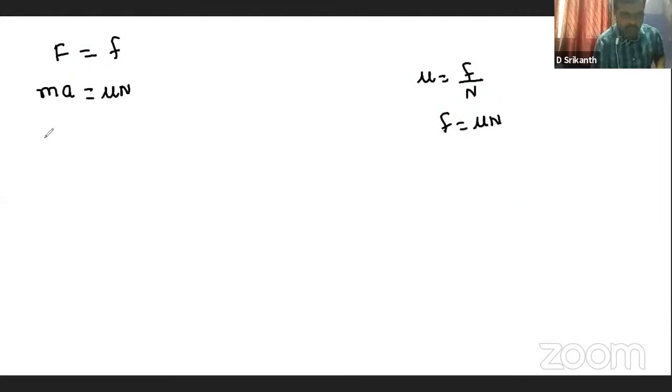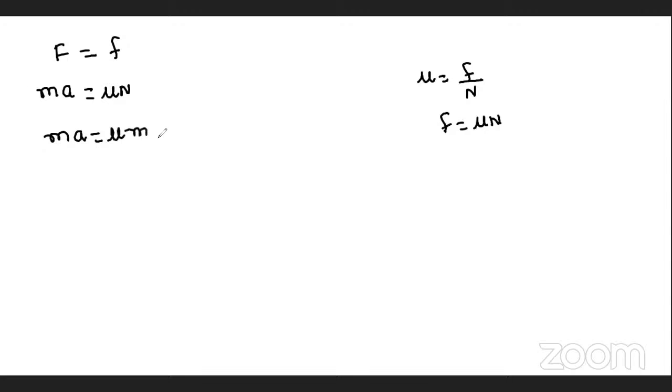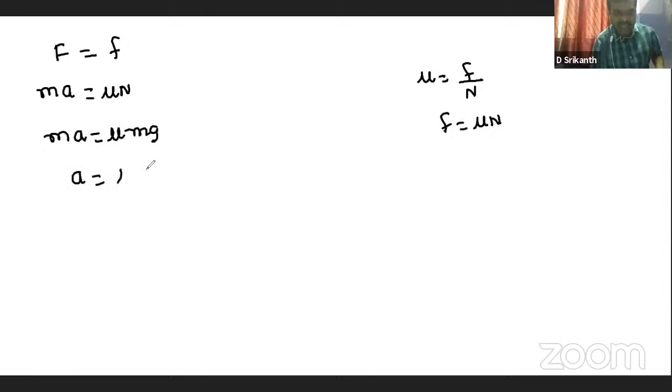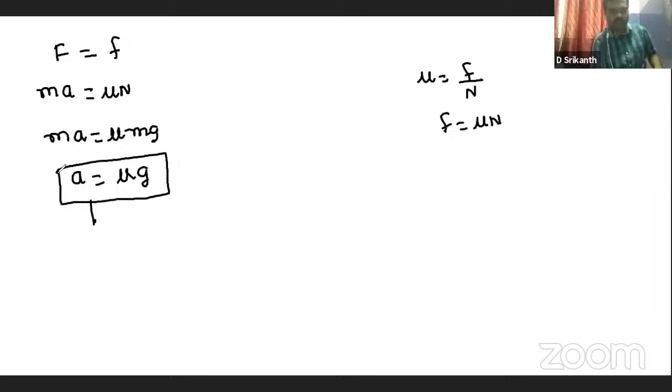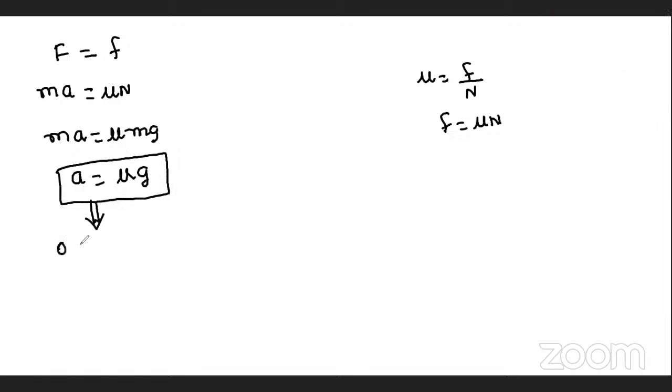Instead of normal force, I can write it as mg. That means mu mg. So whenever the object is in equilibrium, we can write acceleration is equal to zero, right? Object in equilibrium.